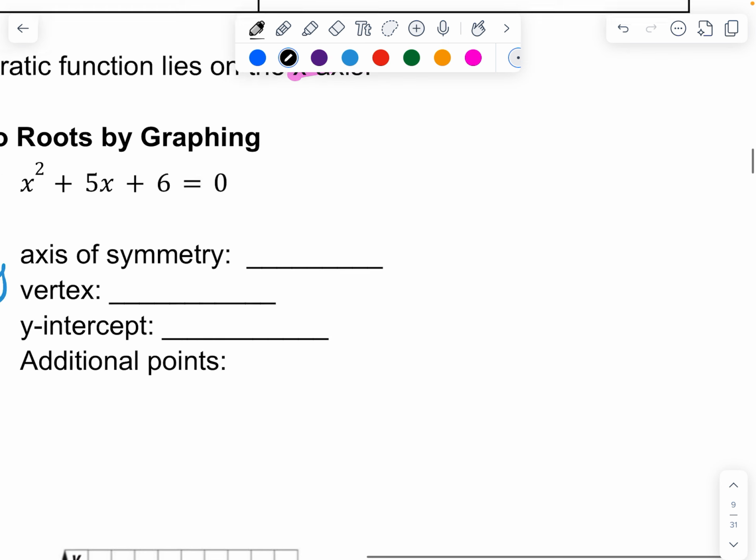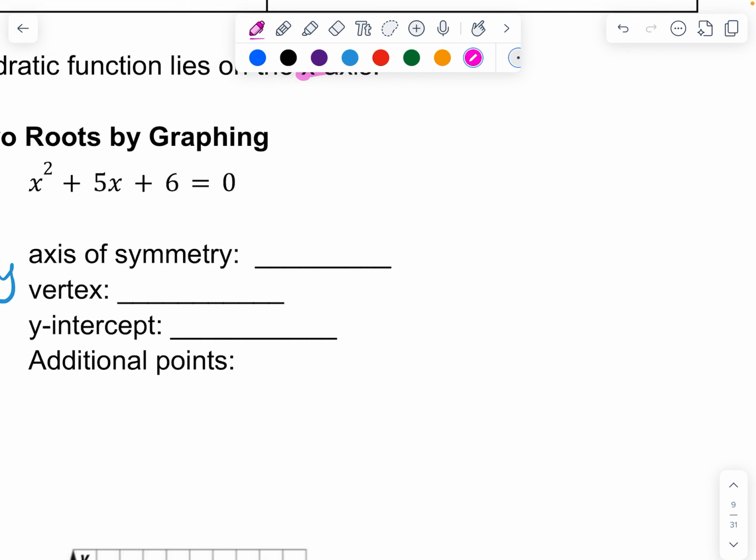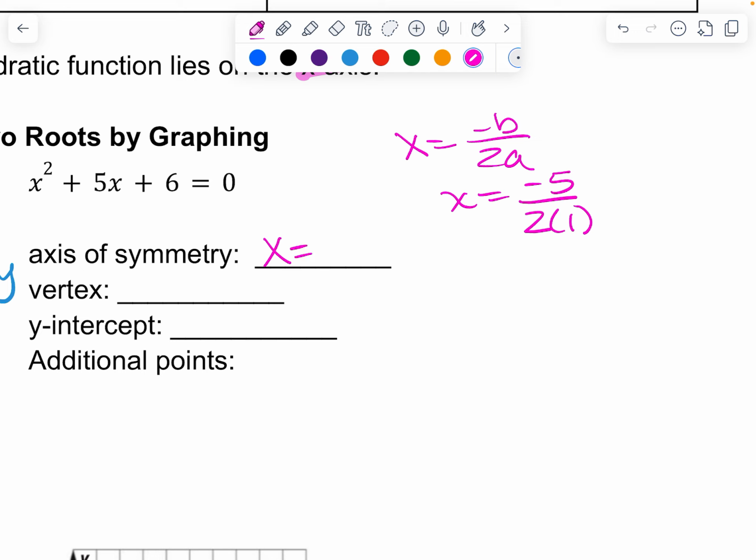Okay, so let's come over here. The axis of symmetry, x equals negative b over 2a. So my b value is 5, over 2 times 1. Some of you are having a hard time with this one. That's going to get negative 2.5.